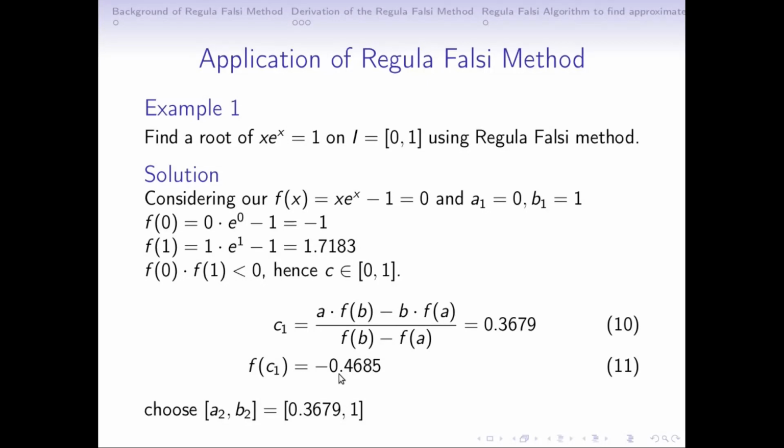We know that the functional value of A, the functional value of 0, gives us negative. So it tells us that our root now exists between C1 and B. So we now reassign our C1 as A2. And then we maintain our B1 as our B2 again, which gives us a new interval.